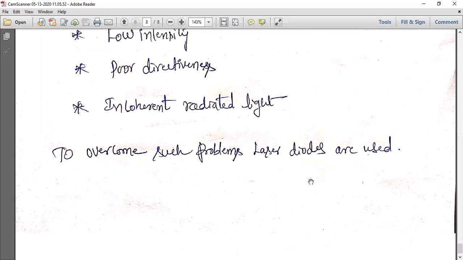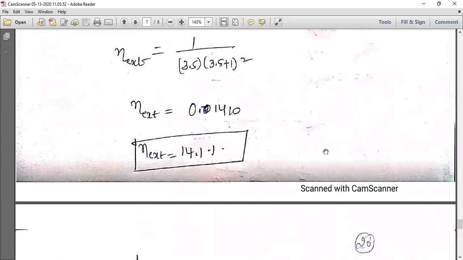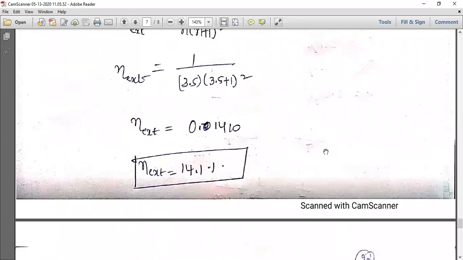With respect to LED, in the exam there are chances that they may ask the characteristics of a normal emitter, both LED or laser, or the requirements for LED and laser. Second, they may ask about the double heterostructure LED, or the surface emitting LED or the edge emitting LED.